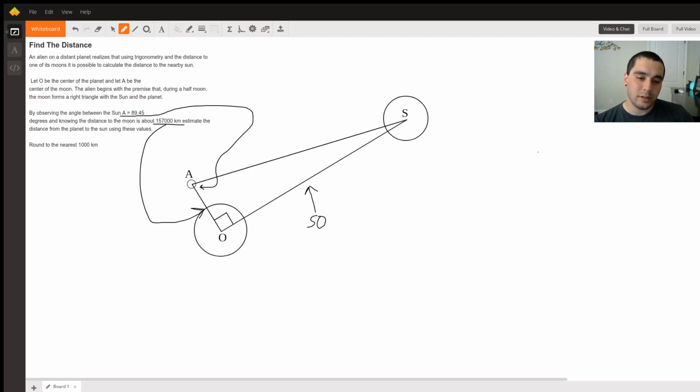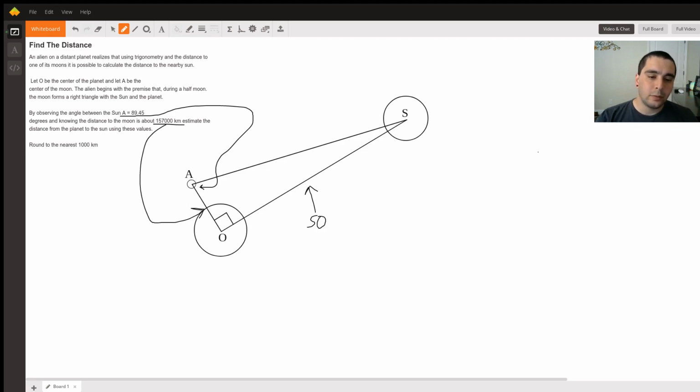We can use trigonometry to get a very easy answer for roughly how far away the sun is.